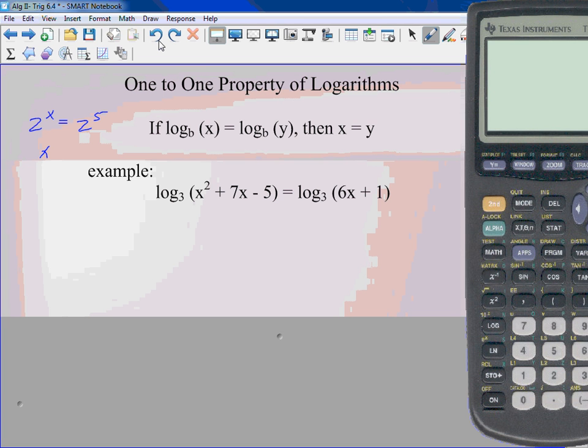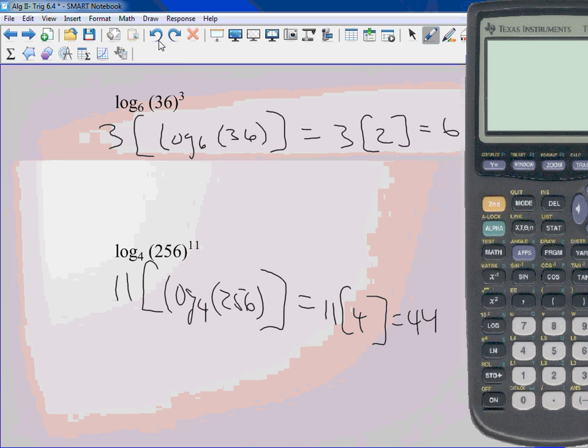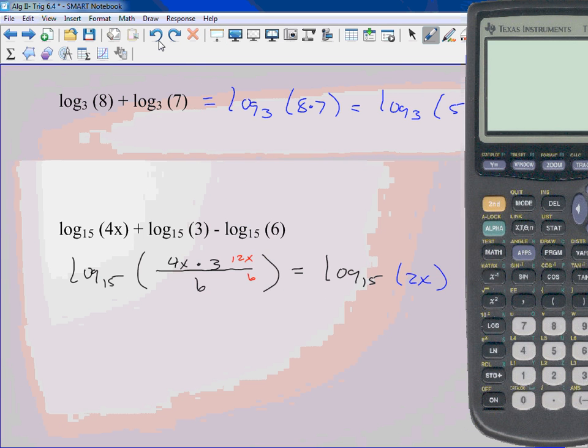For example, I have log base 3 of x squared plus 7x minus 5 equals log base 3 of 6x plus 1. This is where you have to be careful. This problem here, the bases do not disappear. You notice that?